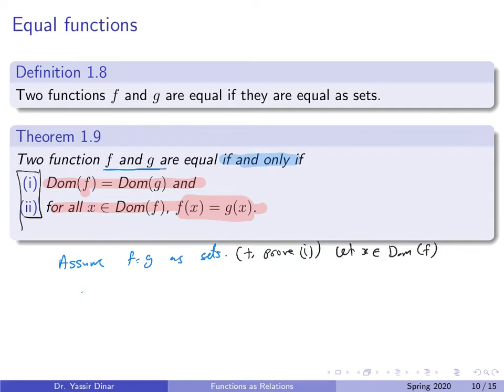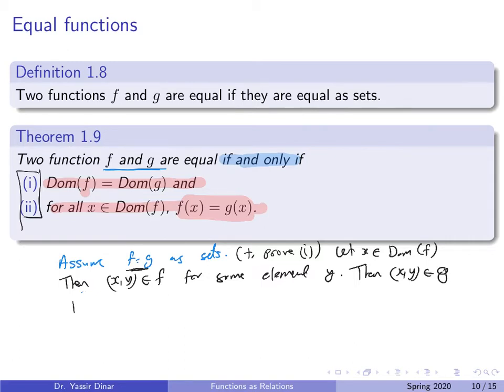Then, since it is in the domain, that means (x, y) belongs to f for some element y. But then this (x, y) will also be in g, because by assumption f is equal to g, and hence x belongs to the domain of g.